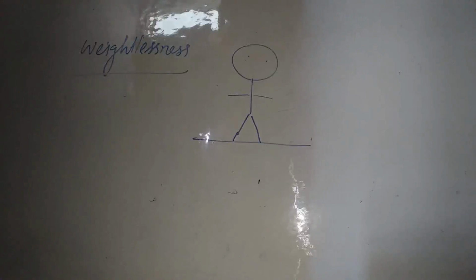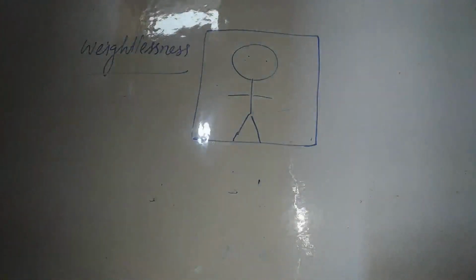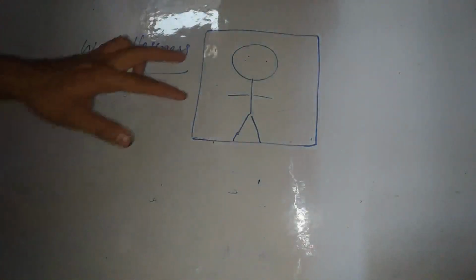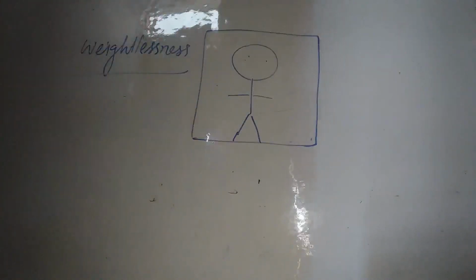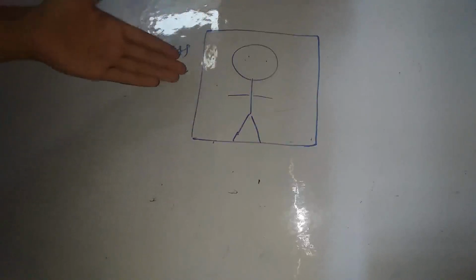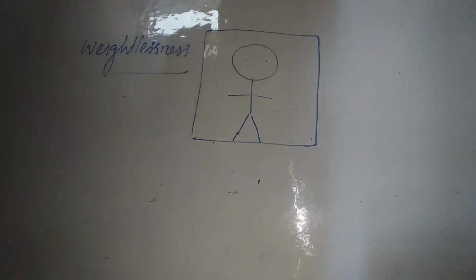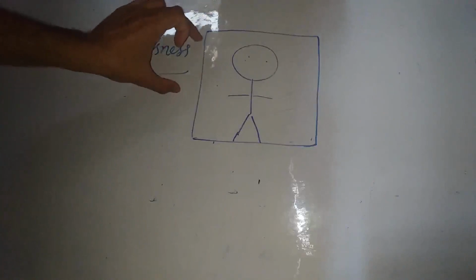Suppose a body is placed in a lift. For example, this is a lift. Consider this to be a lift, and a body is placed in this lift. The weighing machine will show the weight of the body. Okay, if the lift is made to fall freely due to gravity, both the weighing machine and the body will fall with the same acceleration.